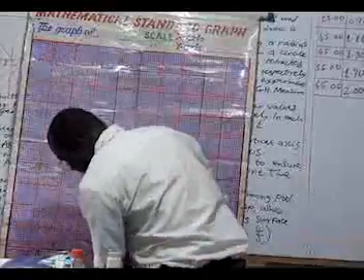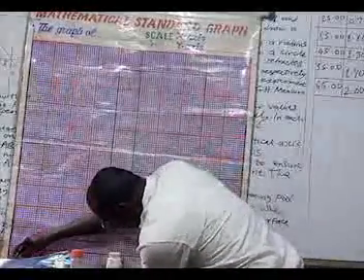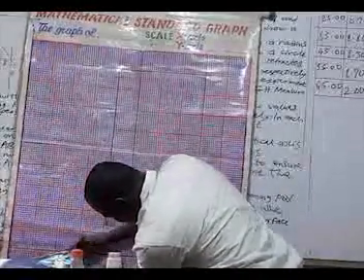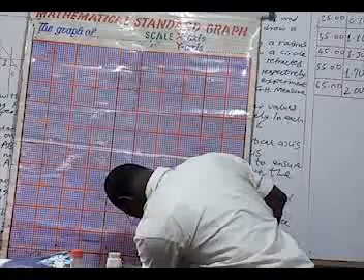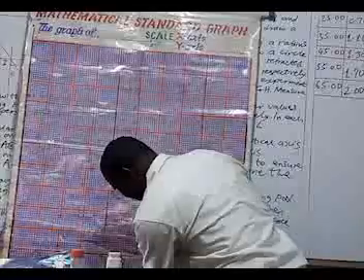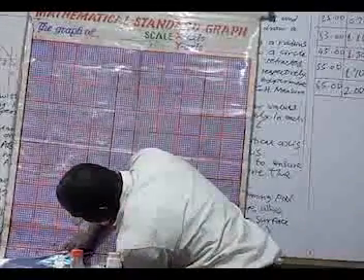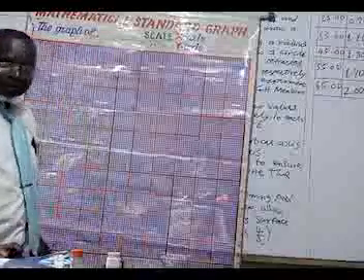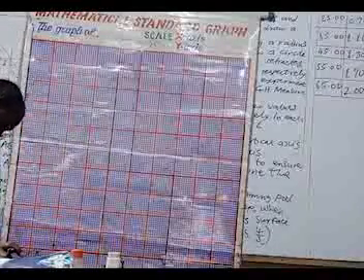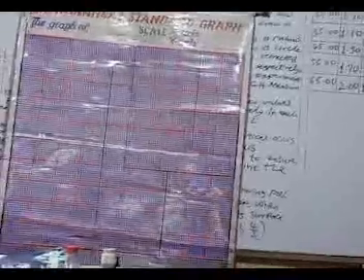This is the horizontal axis. Sir, it's not showing me. You cannot see. Alright. Bring it to this side.